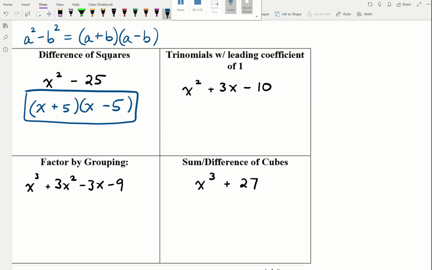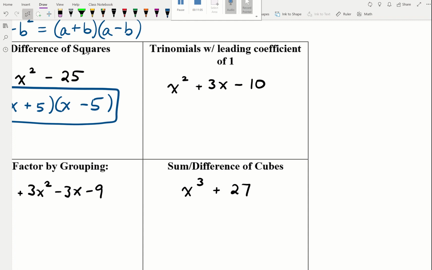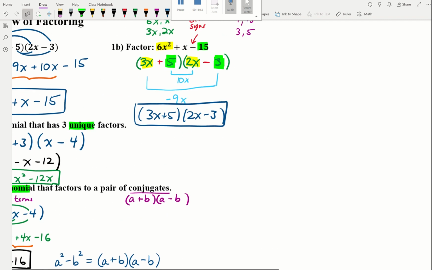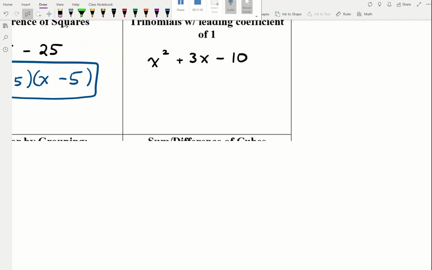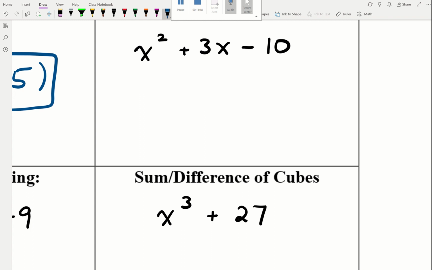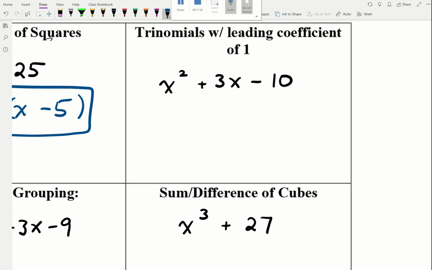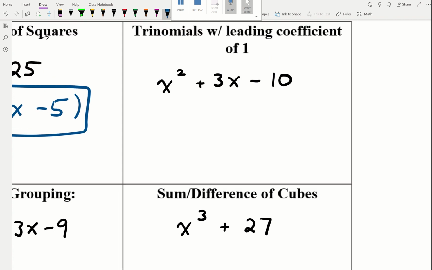All right, the next one. Next type of factoring is a trinomial with a leading coefficient of 1. So in this example, this is very similar to what we did up here in 1b, only there's no number in front of x. So first thing we always look for is a GCF. We don't have one, so with 3 terms, we're going to go 2 binomials.